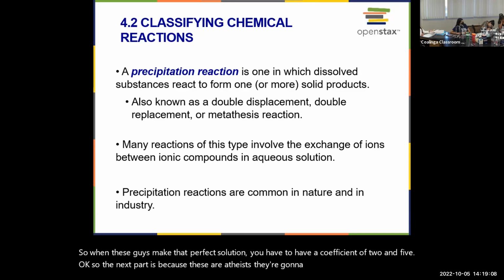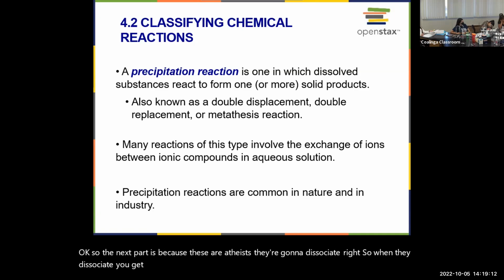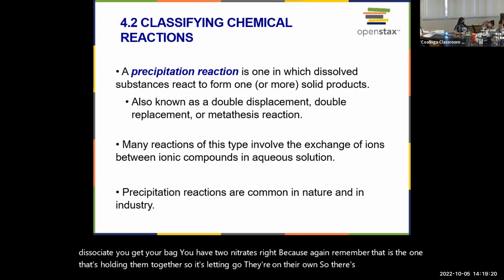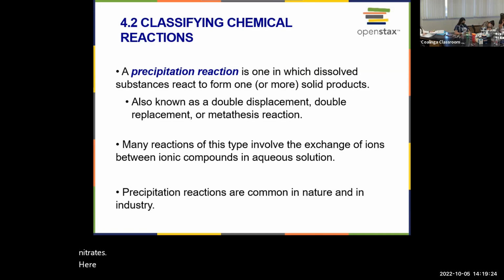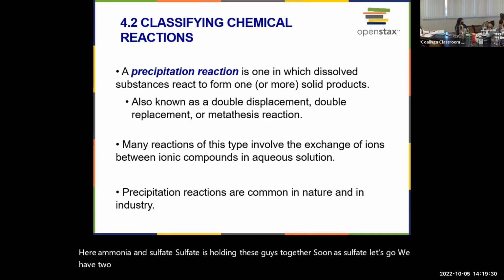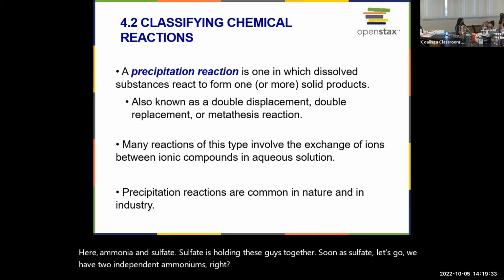So when they dissociate, you get your lead. You have 2 nitrates, because again, remember, lead is the one that's holding them together. So just let that go, they're on their own. So there's 2 independent nitrates. Here, ammonium and sulfate. Sulfate is holding these guys together. So this sulfate lets go, you have 2 independent ammoniums. And then of course we have our sulfate.